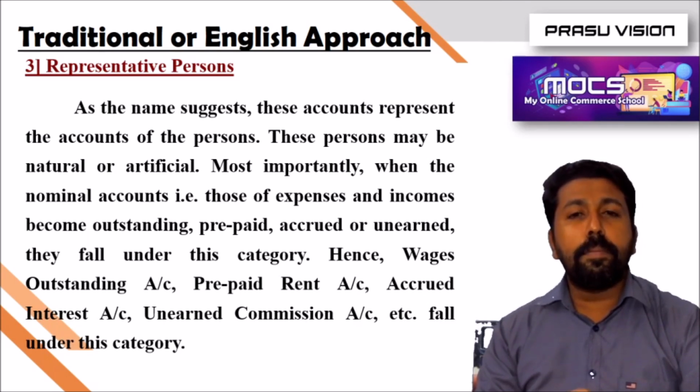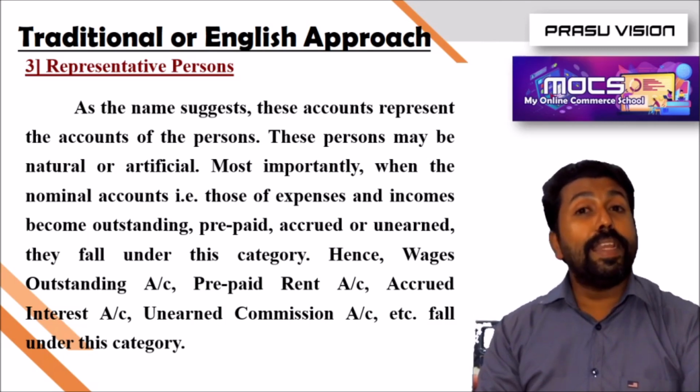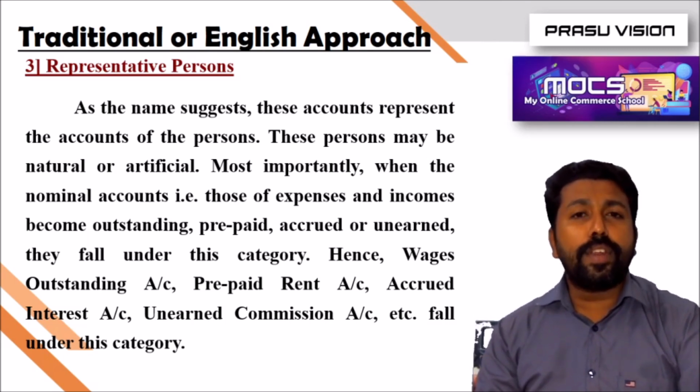So here please remember the meaning of the term representative person. As the name suggests, these accounts represent the accounts of persons. These persons may be natural or artificial. Depending upon the transaction, we can differentiate whether that account is related to a natural or artificial person.